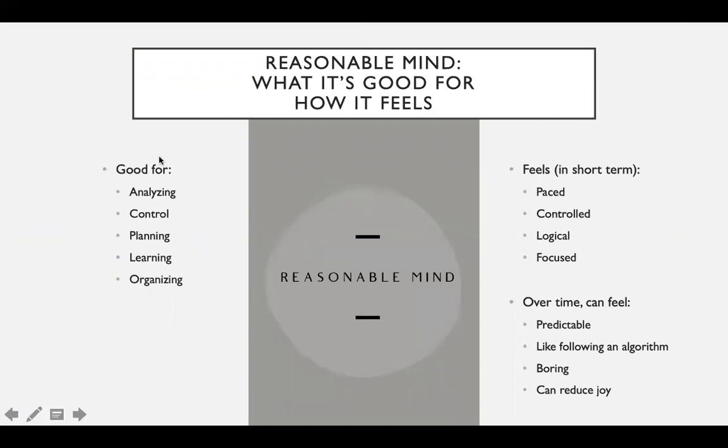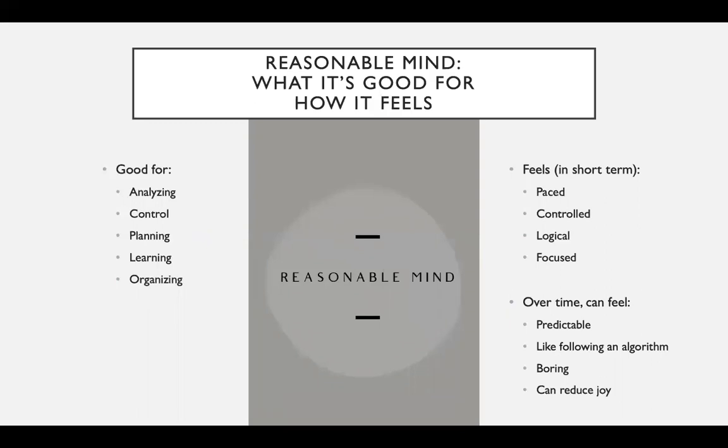If you are going to be organizing or learning, reasonable mind can be super helpful. It feels more controlled. It gives a sense of focus and can feel more paced, as in the rate at which you're going. And again, can follow stepwise or logical thinking.